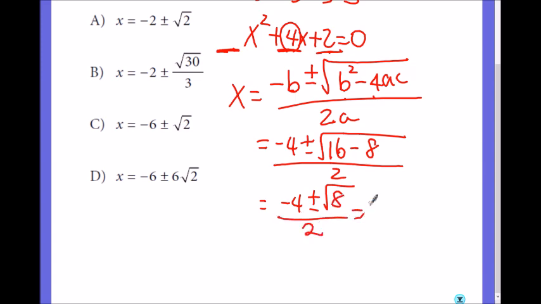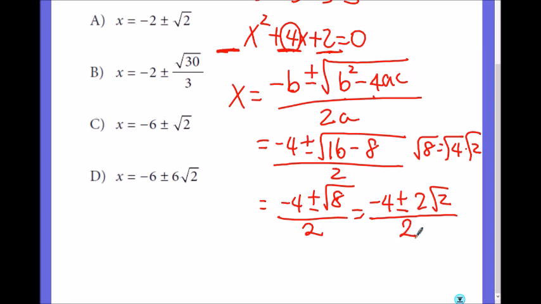Square root of 8 is what? Square root of 4 times square root of 2. Square root of 4 becomes 2, and root 2, divided by 2, right? Square root of 4 is 2, so you can make that a whole number.